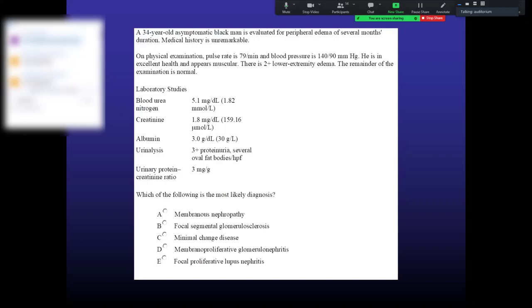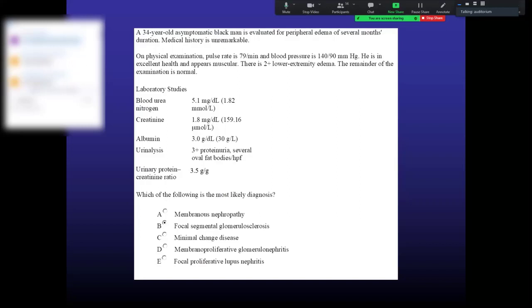So which of the following is the most likely diagnosis? In this case, FSGS is more likely based on the age of the patient presenting with nephrotic proteinuria, although obviously we would biopsy this patient to confirm it.